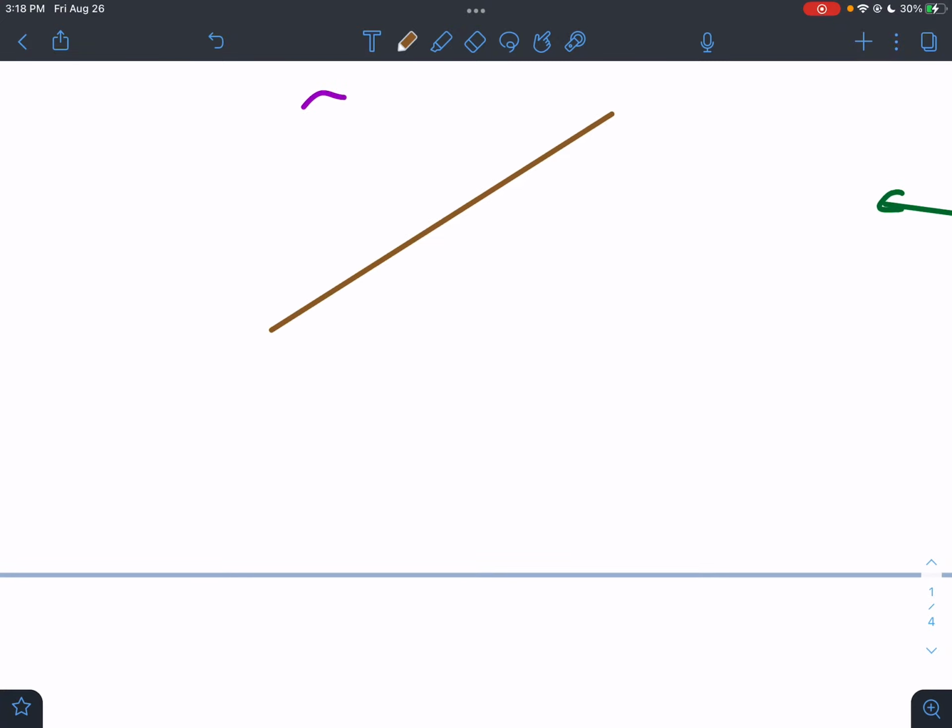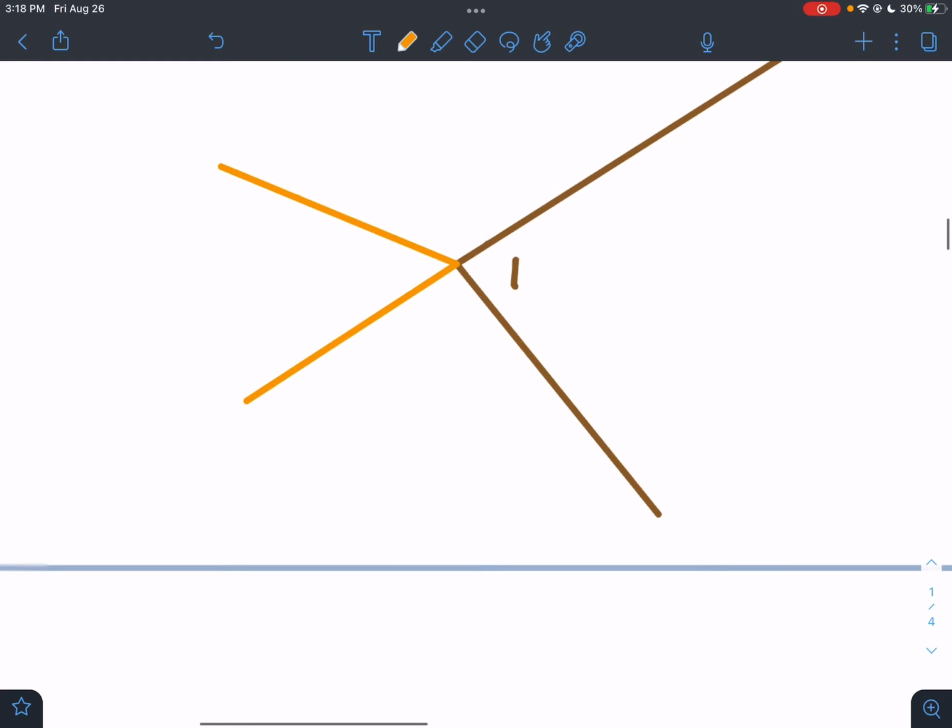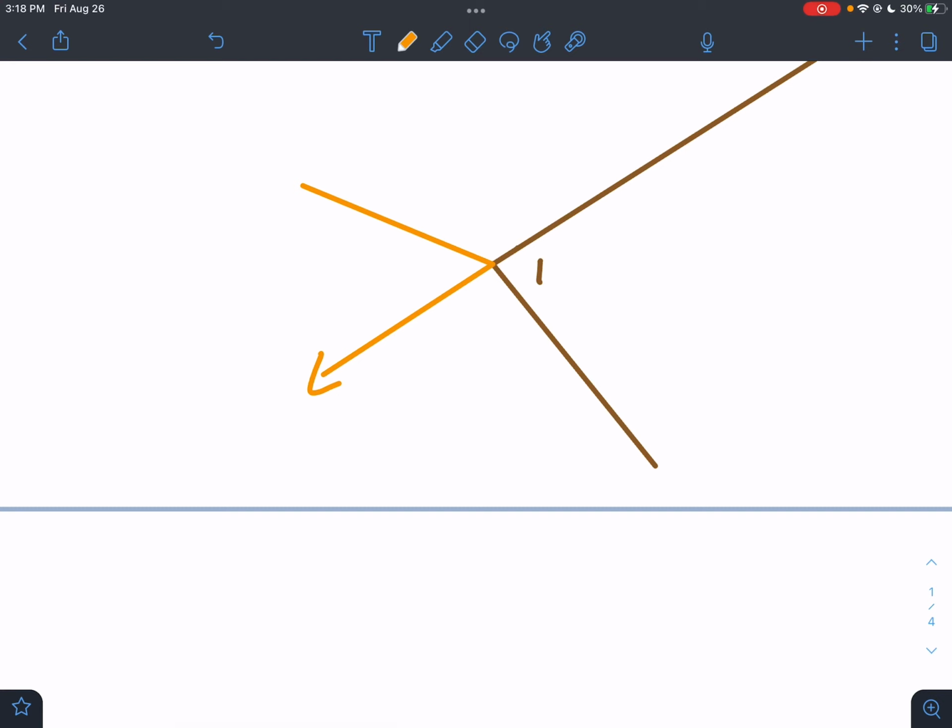So if I have an angle, we'll call it angle 1. Let's say that we extend one side, but then the other side does something like this. Are those opposite rays? Well, this is an opposite ray. Yes, that's an extension of this line. So that's an opposite ray.